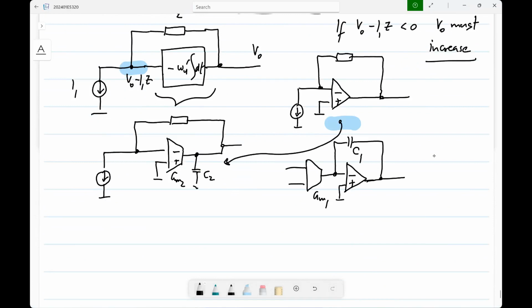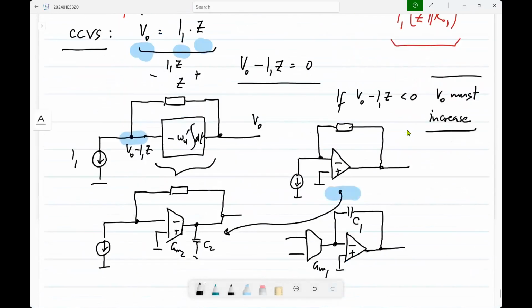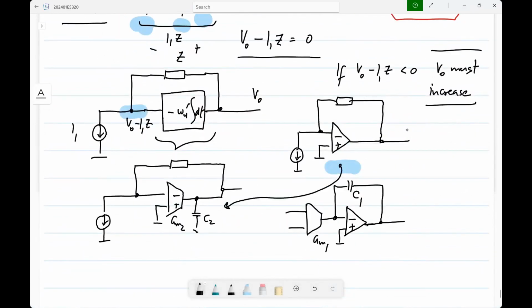Okay. So now you also see that this current source is pointing downwards. So it should be like that. Okay. So that GM1 VE flows in that direction.